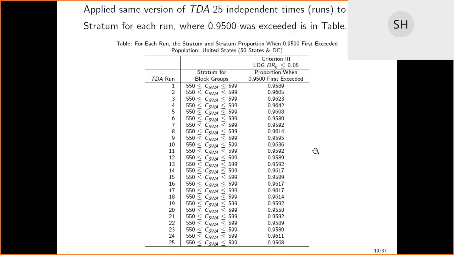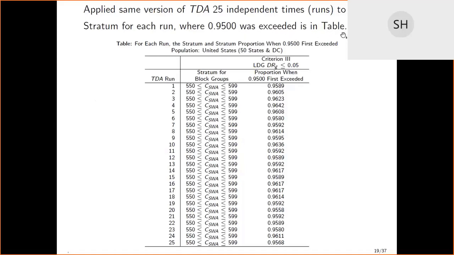The top-down algorithm was based on one run of the algorithm, and so we wondered what would happen if we applied the algorithm again. We applied it actually 25 more independent times to the census edited file, and this is what we get. We're looking for the stratum for each run where 0.95 was first exceeded in the table.